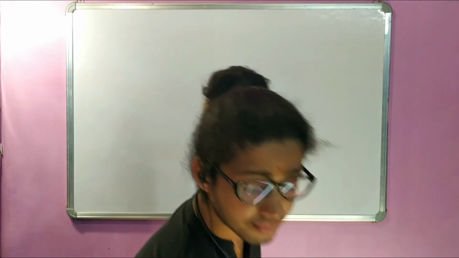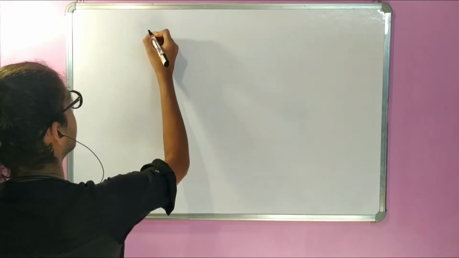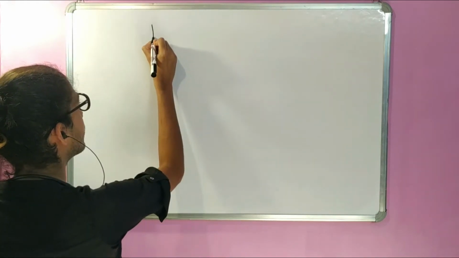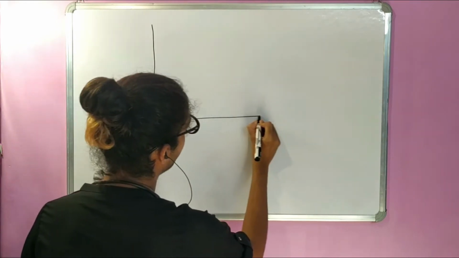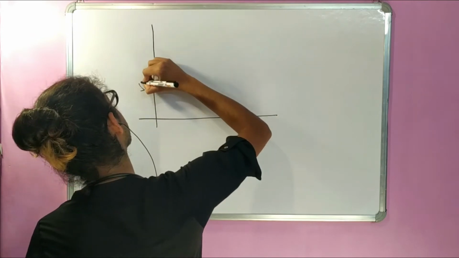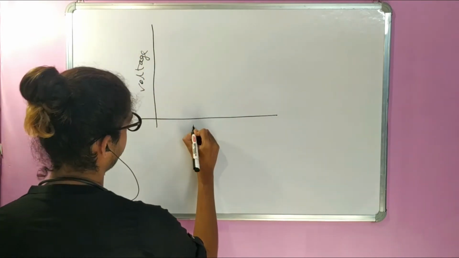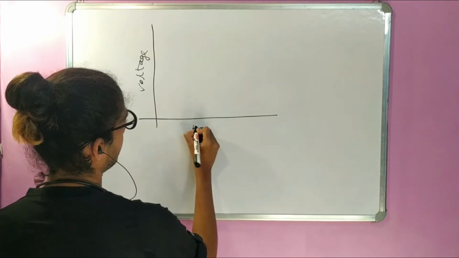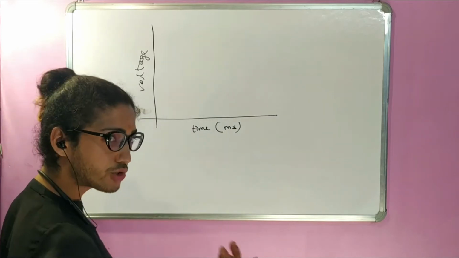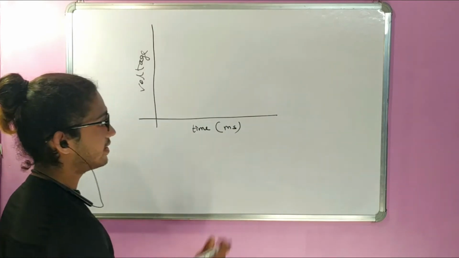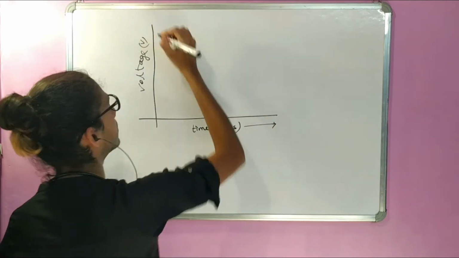So to start with, I'm going to draw the ECG curve here. Basically the electrocardiogram is a graph of voltage against time. Time is usually in milliseconds because it's a very short period of time, and the voltage is always measured in volts.